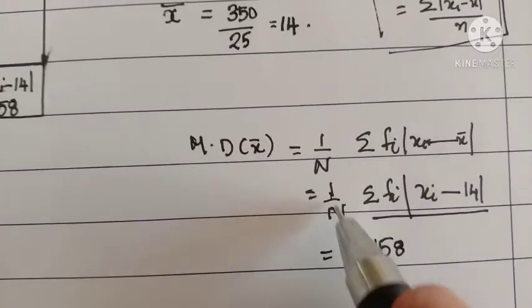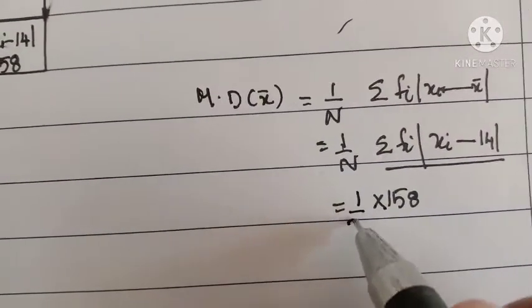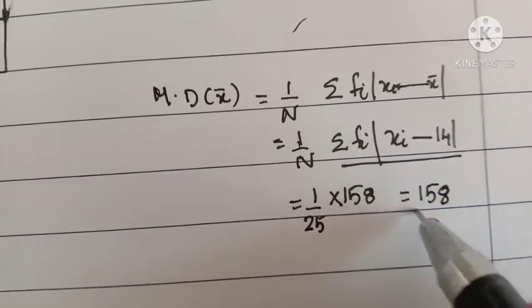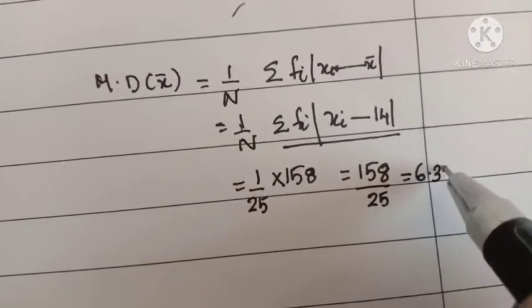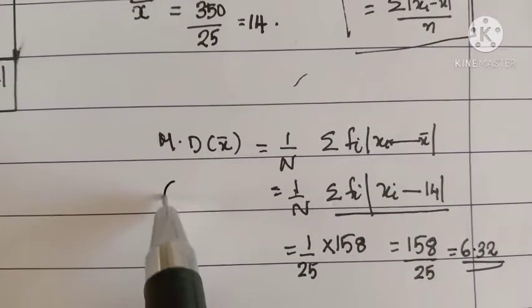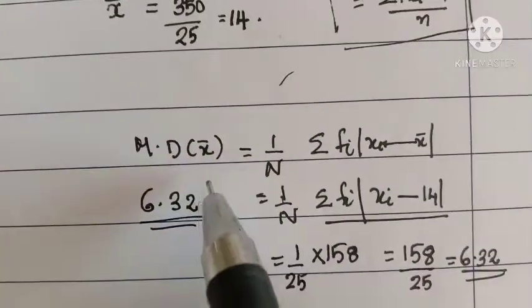So 158 into 1 by n. What is n here? n is 25. So 1 by 25 into 158, or 158 by 25, which is equal to 6.32. So mean deviation about mean is equal to 6.32. Okay.